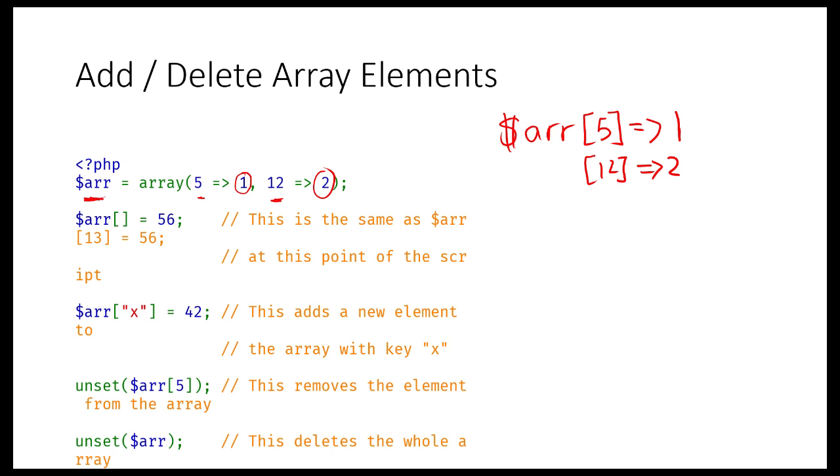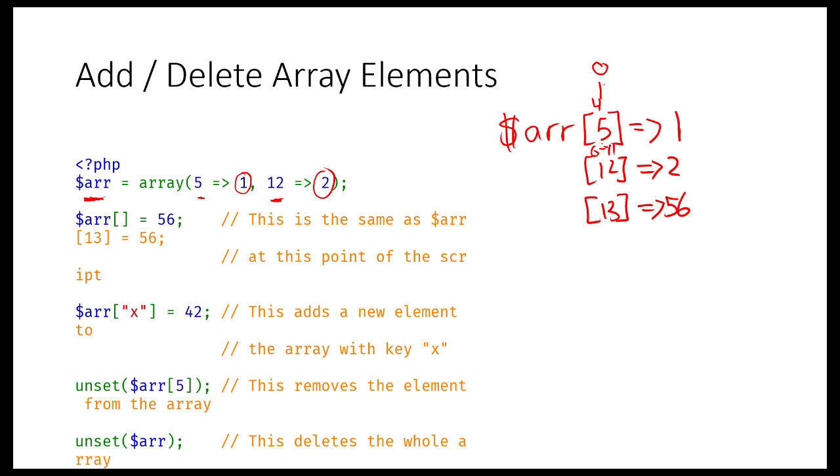So PHP is going to say, well, what's the next position? Well, it's 13, because somebody's already used 12. Even though positions 0 to 4 are empty, and 6 to 11 are empty, let's just add something to 13. So 13 is 56.